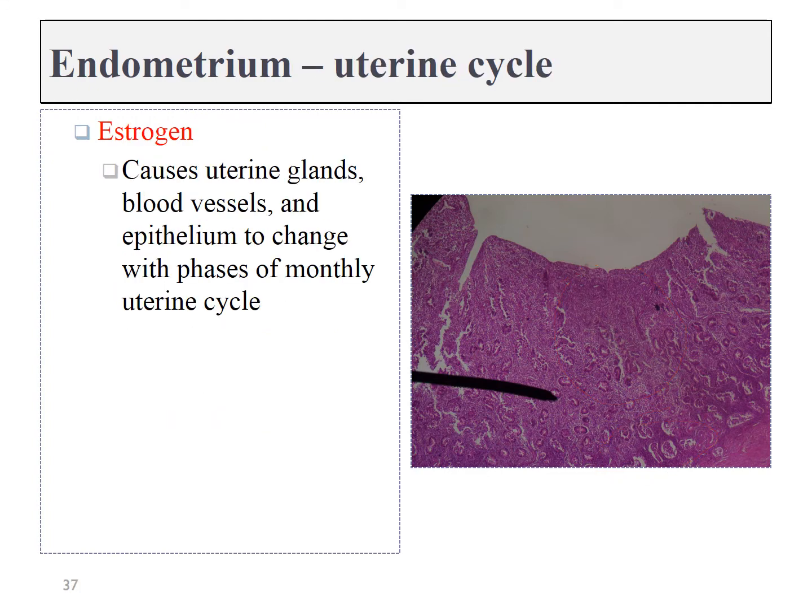Estrogen can not only cause the functional zone to grow, it also causes blood vessels to grow into this epithelium. As you remember from BI 231, that's fairly unusual. Most epithelia are avascular. Here's one of our exceptions, the endometrium.